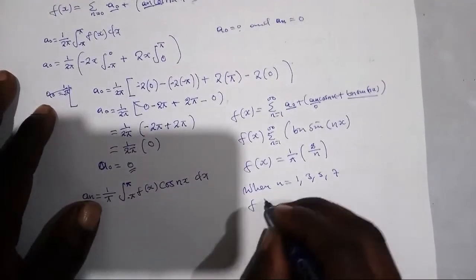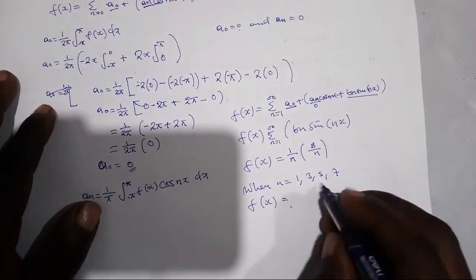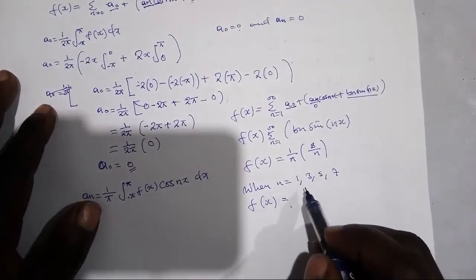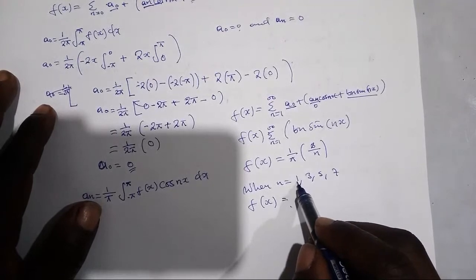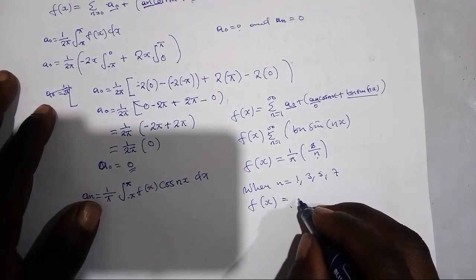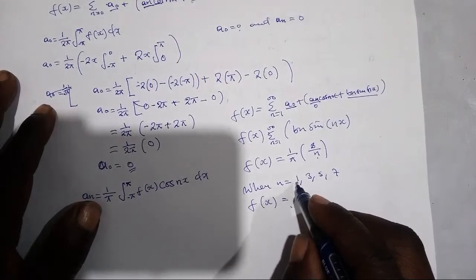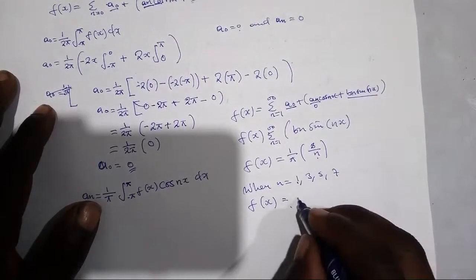So f of x will be equal to, when n is 1, we are going to have 8 here. So when n is equal to 1, you're going to have 8.